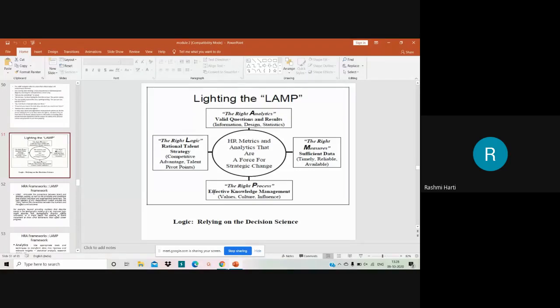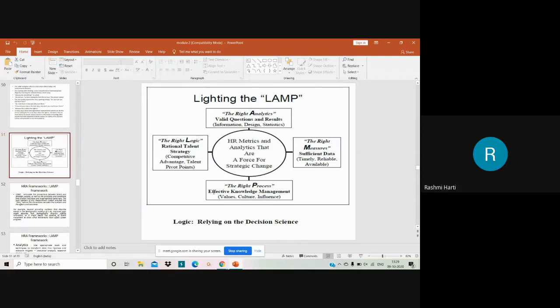Padmaja Yadwad, please unmute yourself. Students, I request you to reply. Poonam Gaude, please explain what is logic.